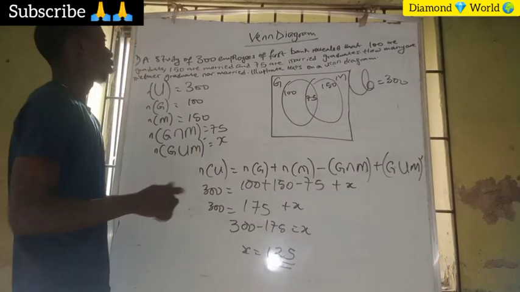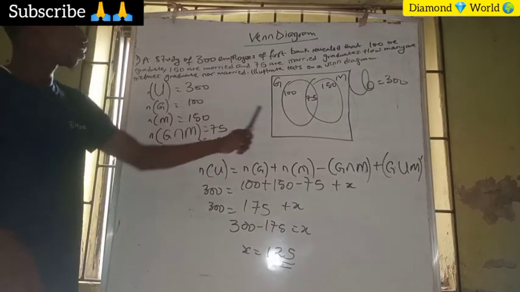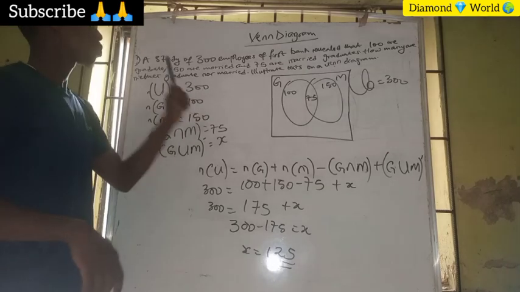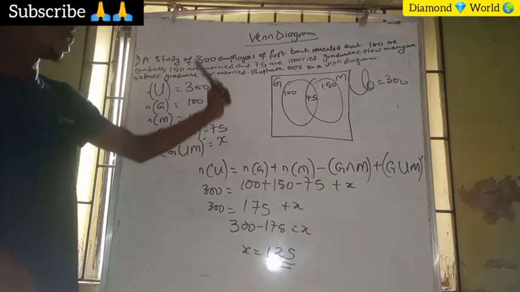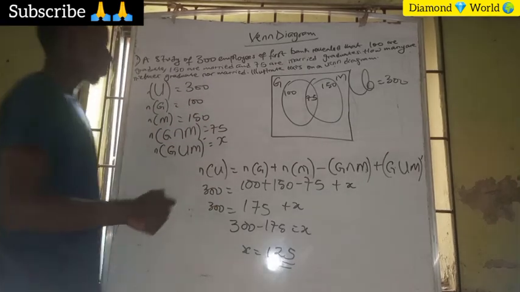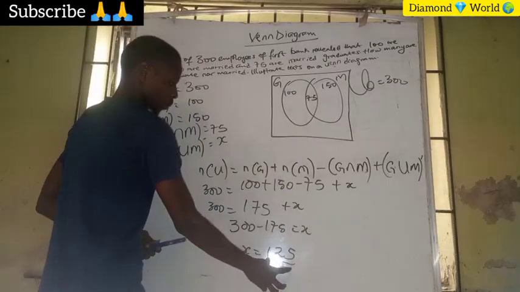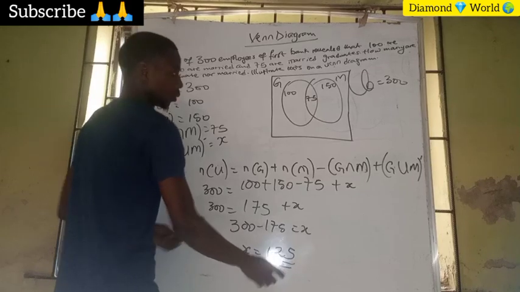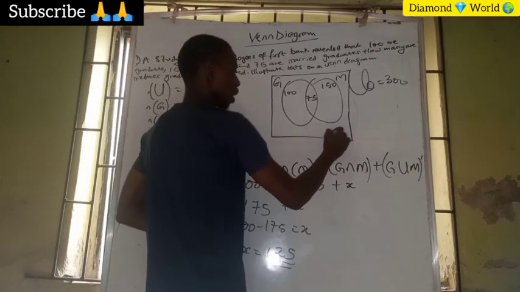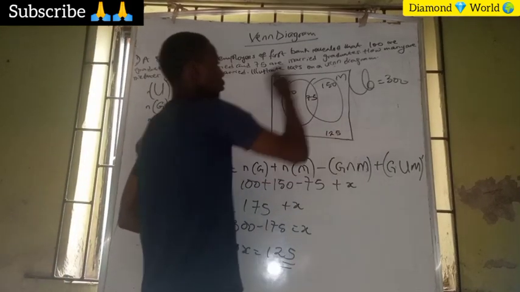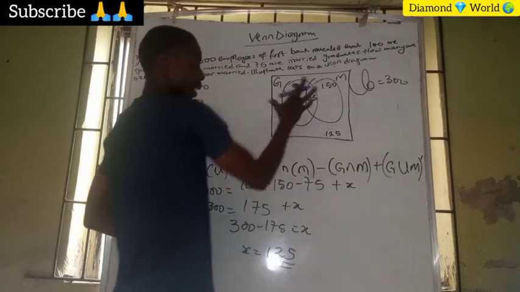125 employees are not married and are not graduates. Now, showing this on the diagram, you put this outside your circles, but still inside this box.